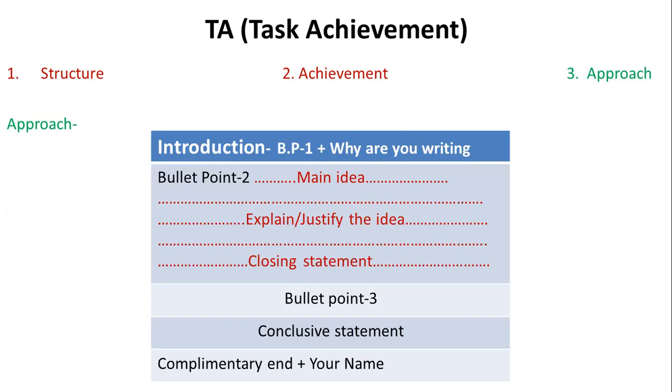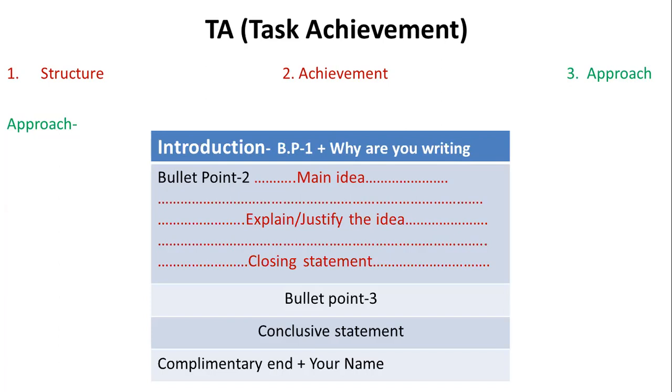For example, if I talk about the second bullet point, which describes the importance of the park, then in the first sentence there must be the importance of the park. Then whatever importance you have written there, explain that in the next 2 to 3 sentences and then end the paragraph. It must be the structure of each body paragraph.